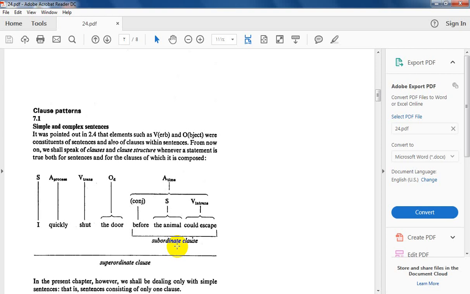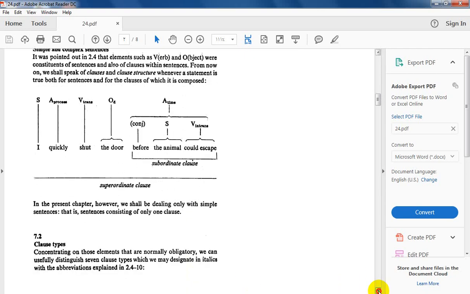In contrast, a clause cannot stand by itself. So keep in mind, all sentences are clauses, but not all clauses are sentences.